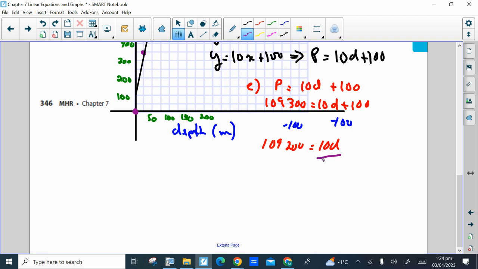And then our last step would be to divide both sides by 10, which is only going to move the decimal one spot over on the left. It'll be 10,920 meters. That's how deep it is. That's a little over 109 kilometers deep. No, that's not true. 10.9 kilometers deep.